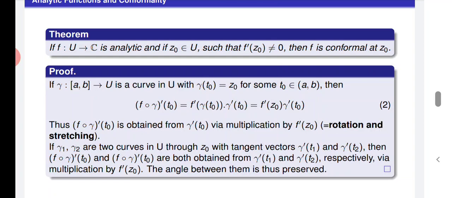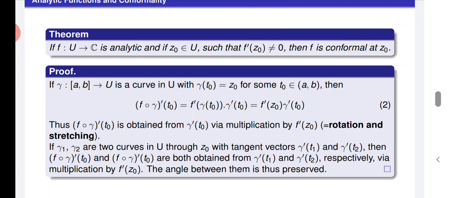So (f o gamma) dash t0 is obtained from gamma dash t0 via multiplication by f dash of z0, equal to rotation and stretching.